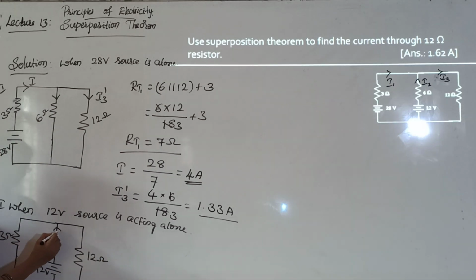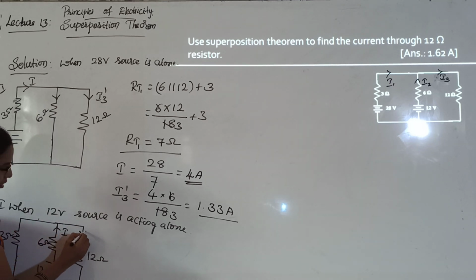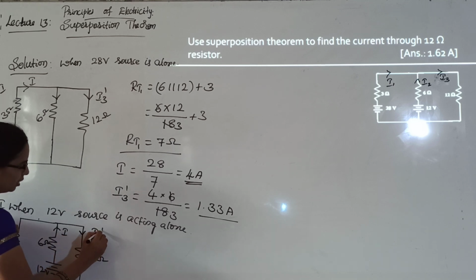This current I will call as I, because current is flowing here. This one is in the same direction, I3 double dash.